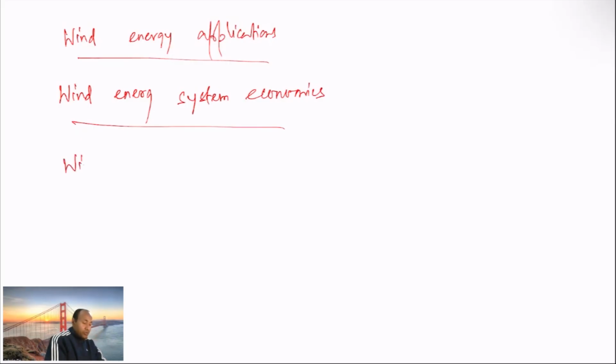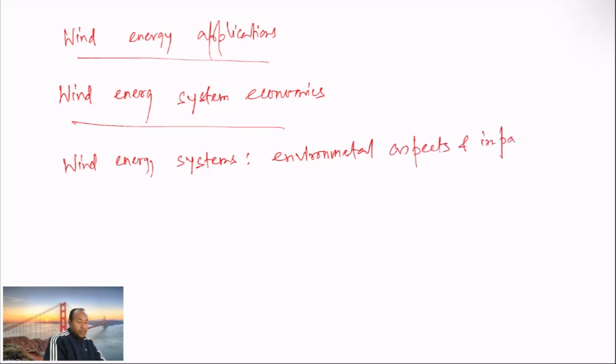And also one has to look at the wind energy systems' environmental aspects and impacts. So not only designing a system, but also looking at its environmental impact and aspects has to be considered.